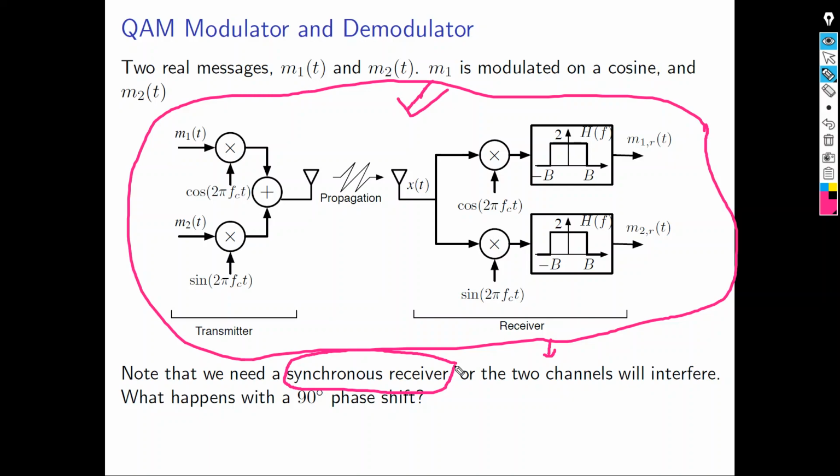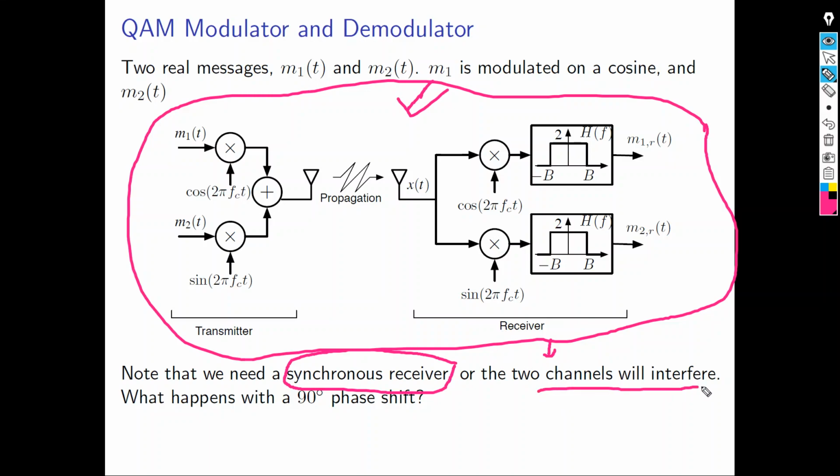I believe this is the first time to hear it, or did we talk about it before? Synchronous receiver means that the transmitter and receiver carriers must have exactly the same phase shift. No mismatch between them, because any mismatch will cause some degradation in the performance of your system.